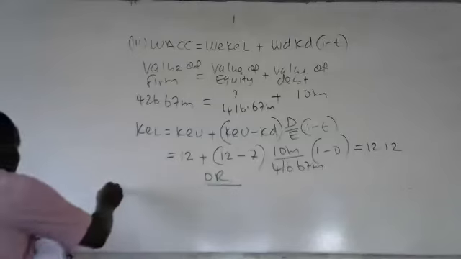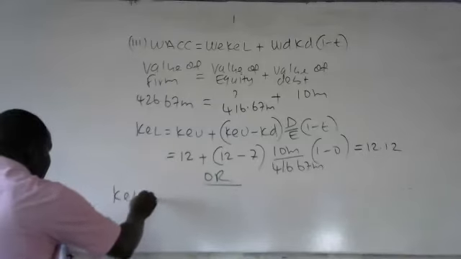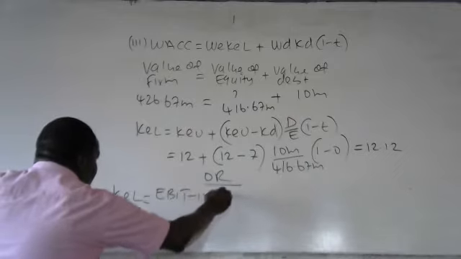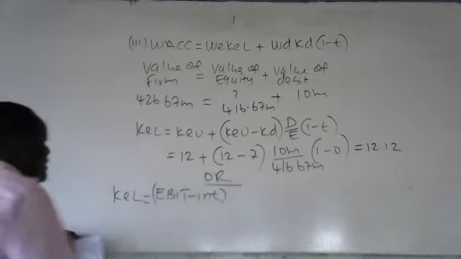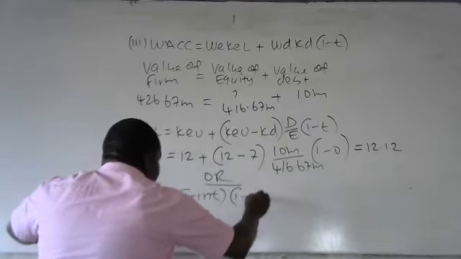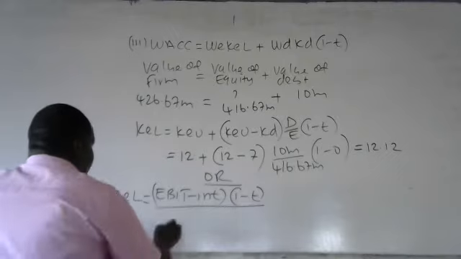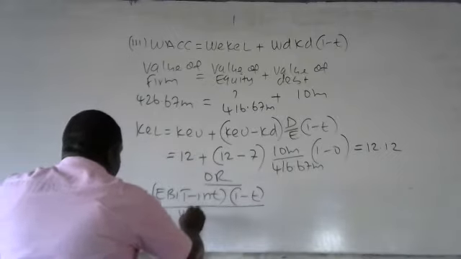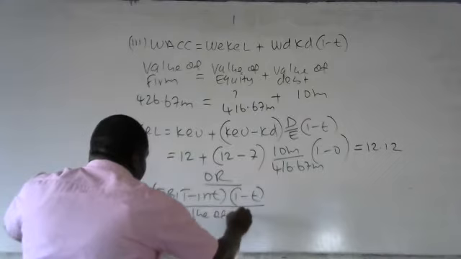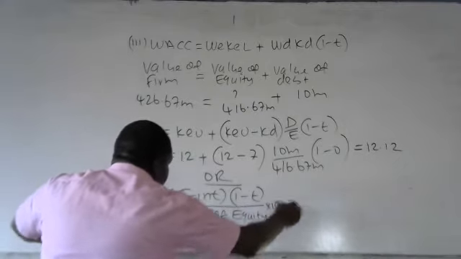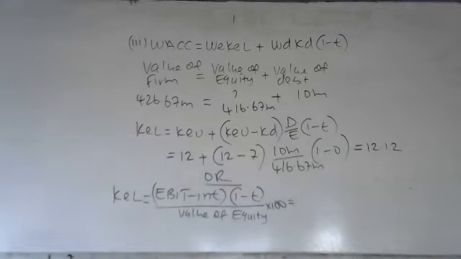The other formula is that KEL is given by earnings before interest and tax, minus interest, times 1 minus the tax rate, then we divide by the value of equity and show it as a percentage.